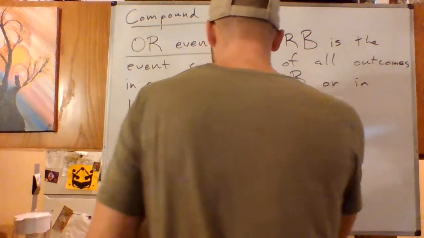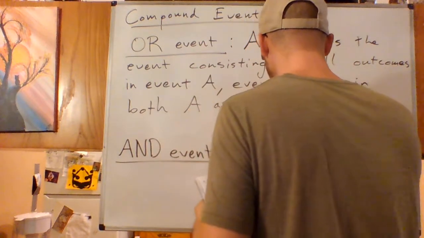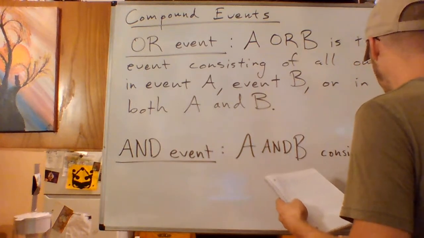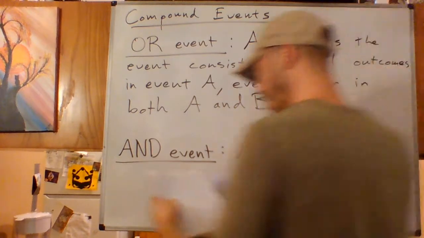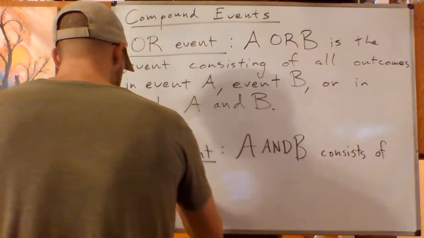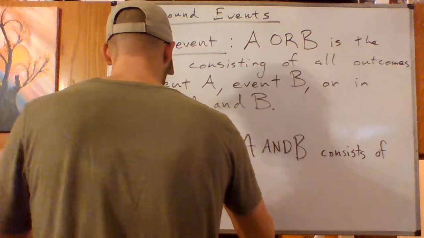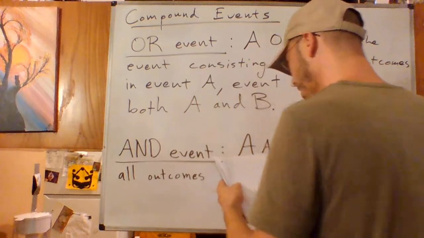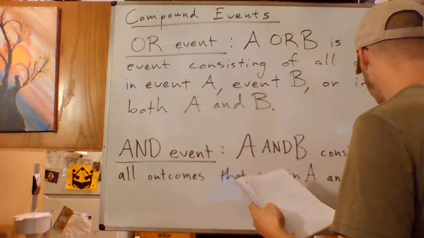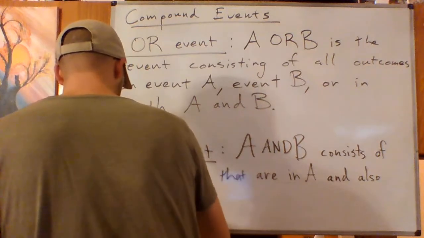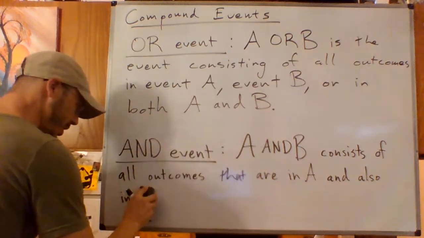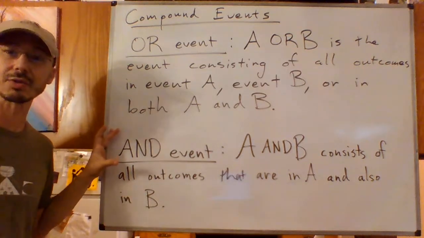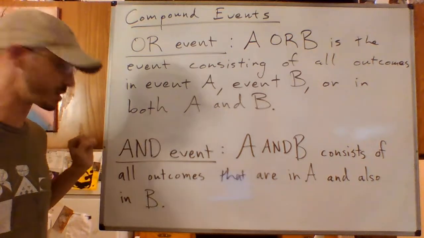And let me put it this way: A and B consists of all outcomes that are in A and also in B. So this and is sometimes called the intersection, but I'm going to call it and to be consistent with the text.